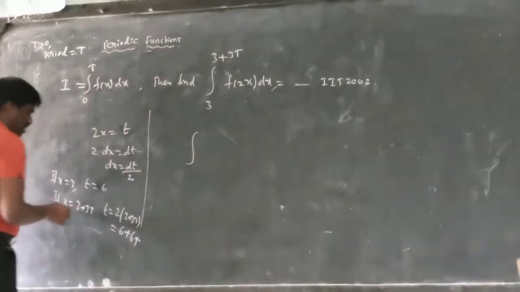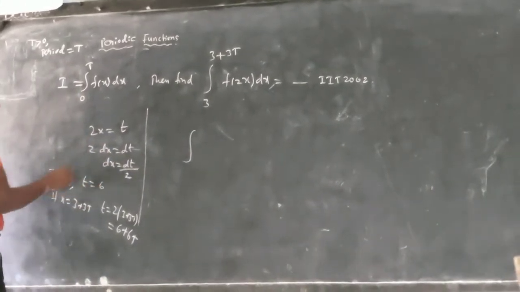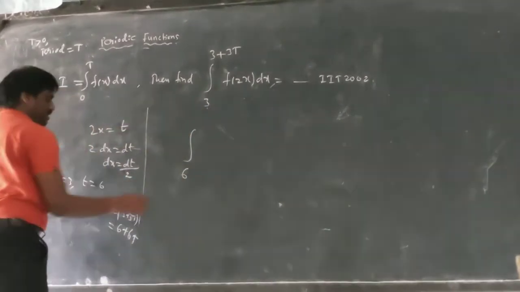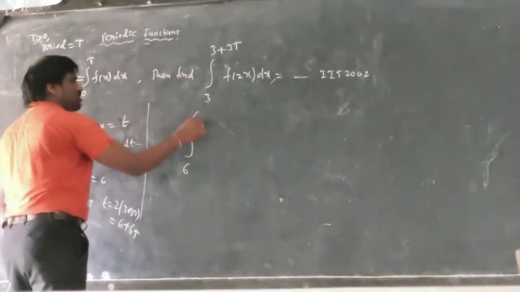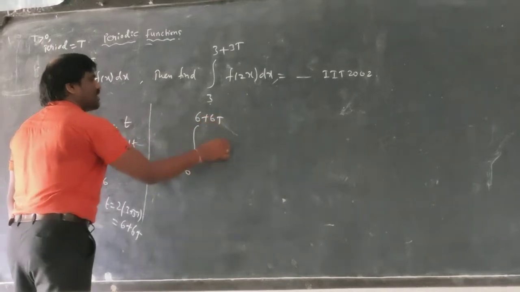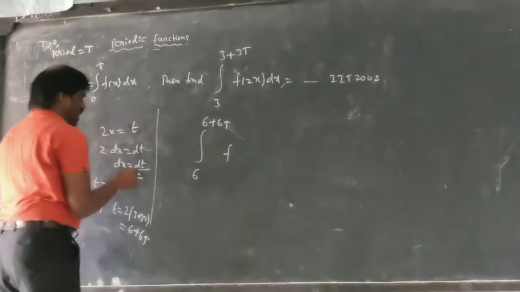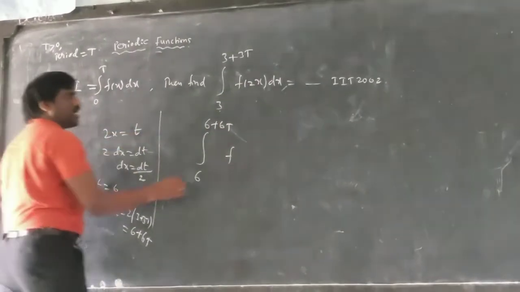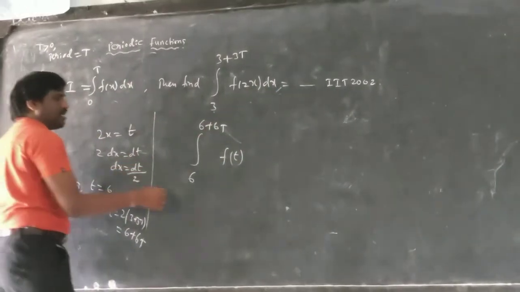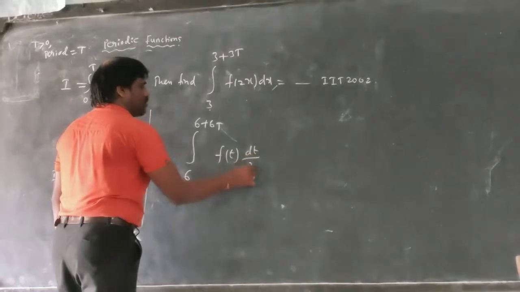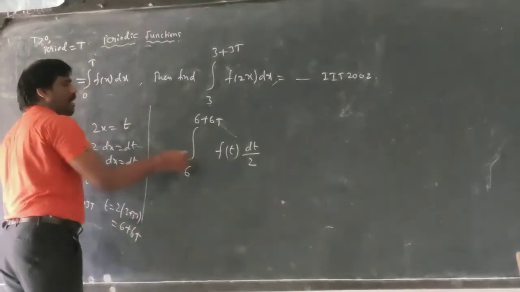If x is equal to 3, I am getting 6. If x is equal to 3 plus 3T, the upper limit is changing to 6 plus 6T. And this became f of t, because 2x I took as t, and dx became dt by 2. So that is what happened here.